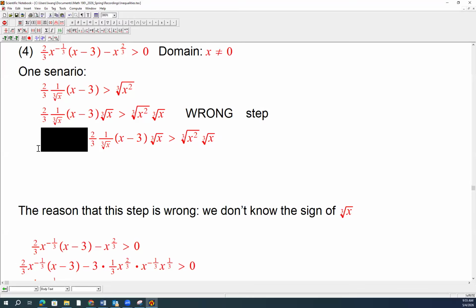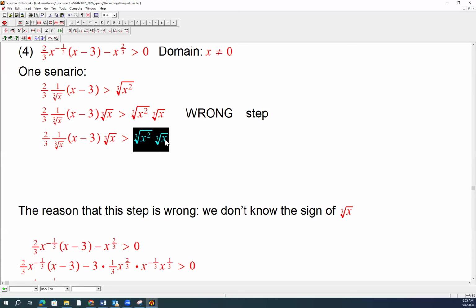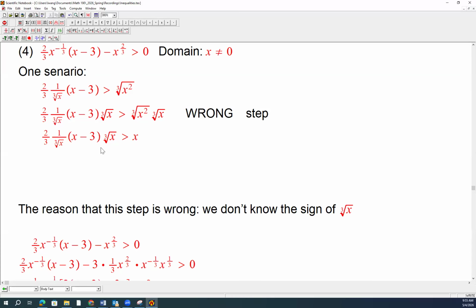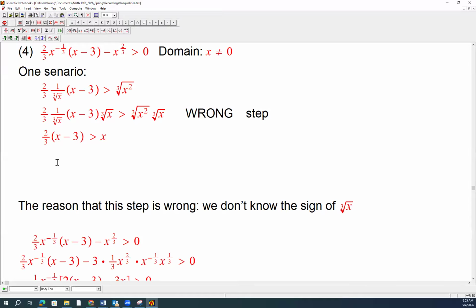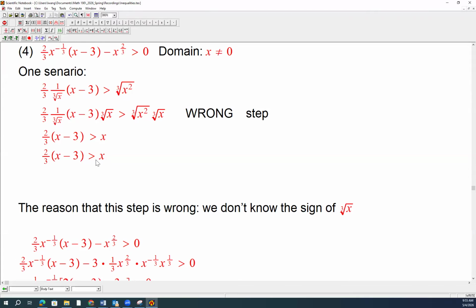Okay, you should have a good laugh. We know this is x, and this piece and that piece are reduced. So we ended up with 2/3 times x minus 3. You can multiply both sides by 3. From here, some people are probably happily doing this, not knowing.